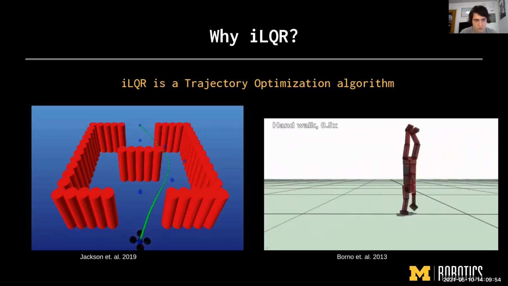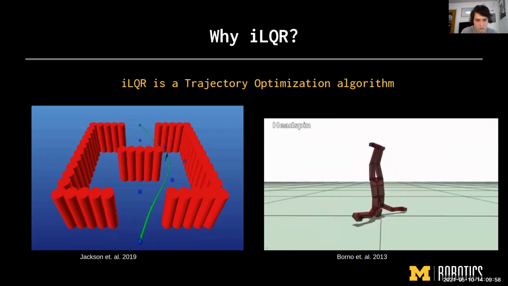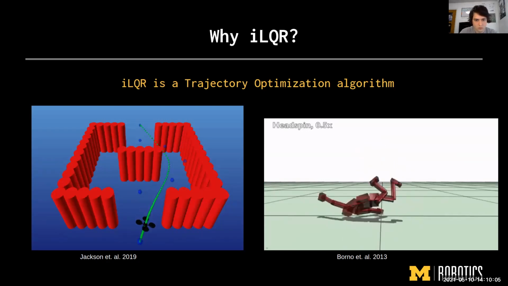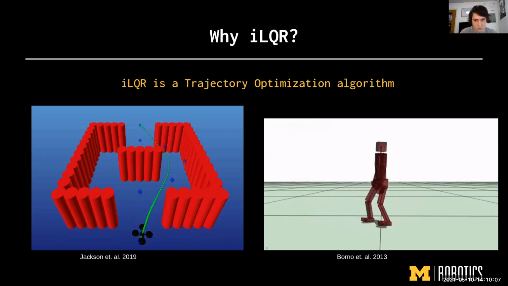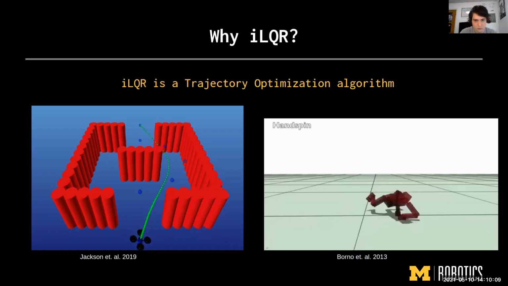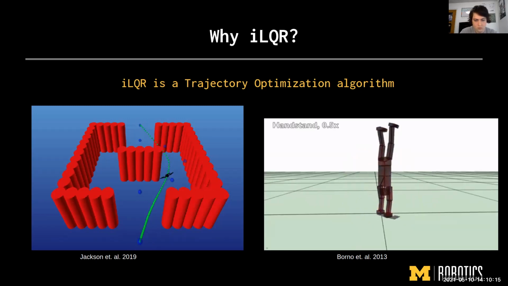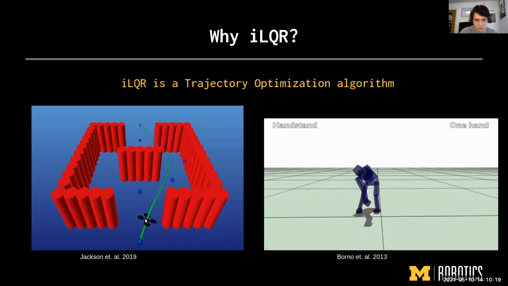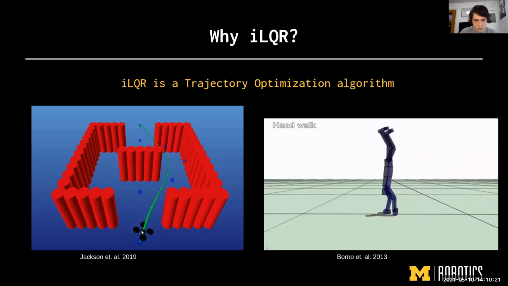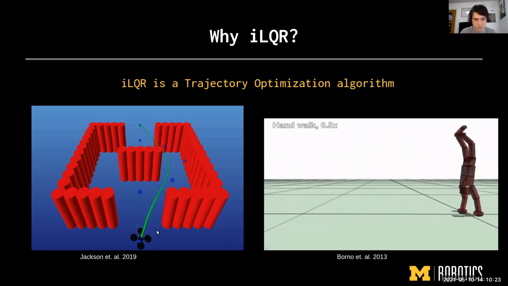You could come up with many kinds of cost function, but depending on the algorithm you're using, if you're using LQR, your cost function should be a quadratic cost function. But for most difficult problems, cost functions end up being non-convex, and so there are ways to go around that. One example here is the quadrotor finding an optimal path around these obstacles.